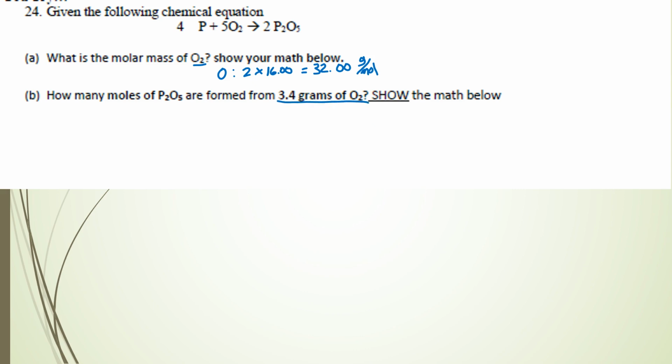So that's my given. Walk me through. How do I set this up? What's going to go on the bottom here? All right, 32 grams of oxygen. What goes on the top? One mole of O2. What's my next step?